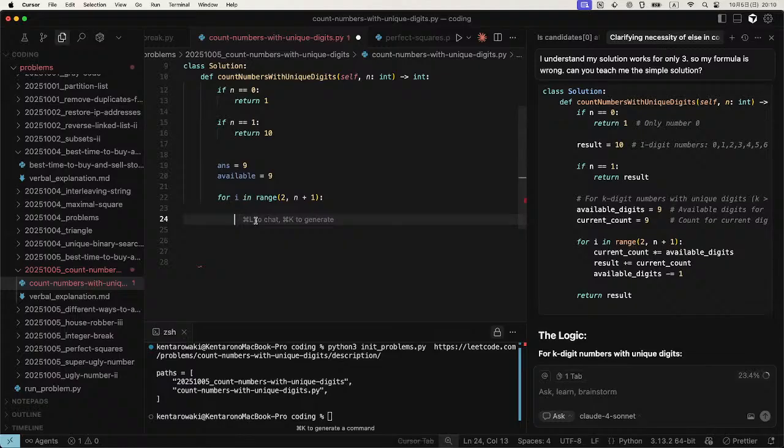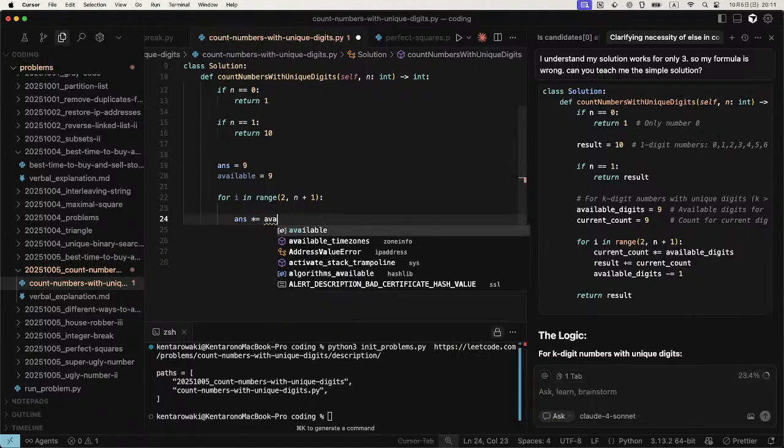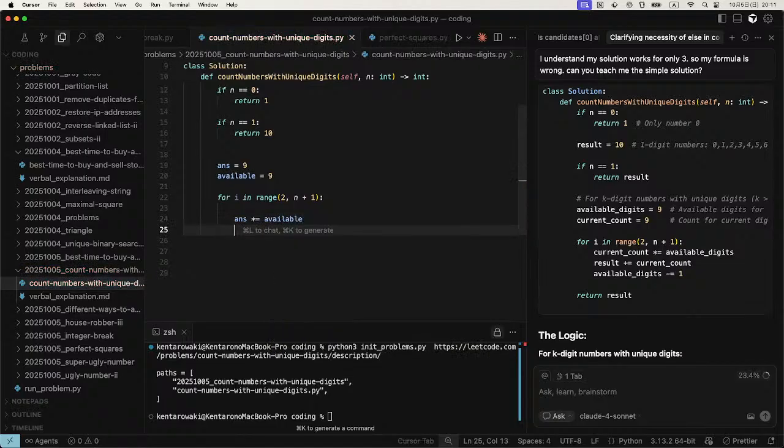So there are 10 options, but we have to exclude the number chosen as the first digit, so the number of available options is 9. So we are updating the answer.